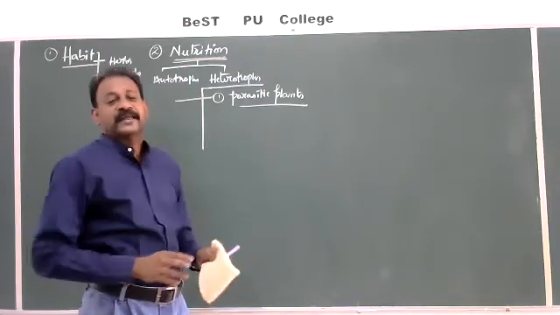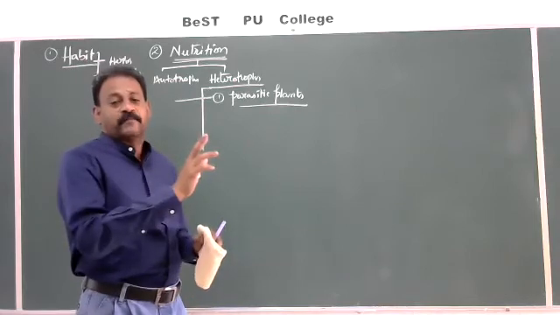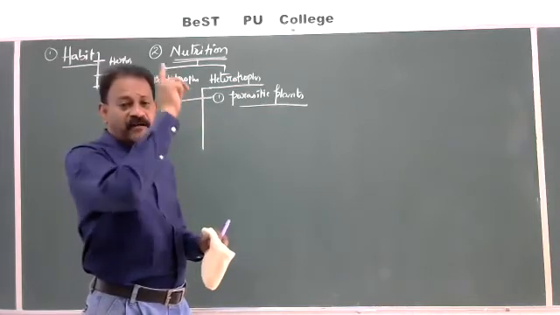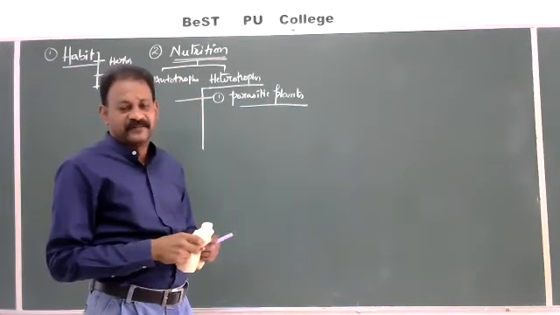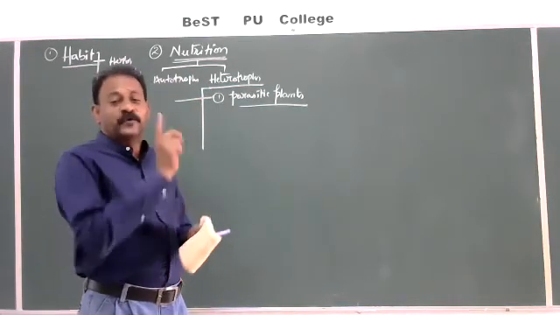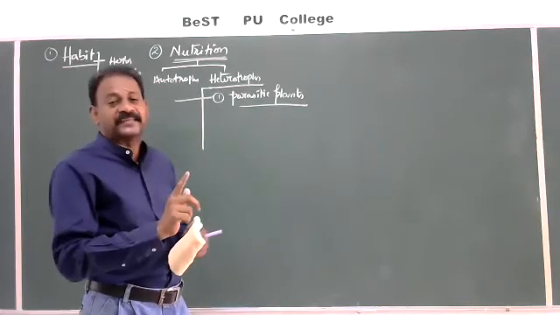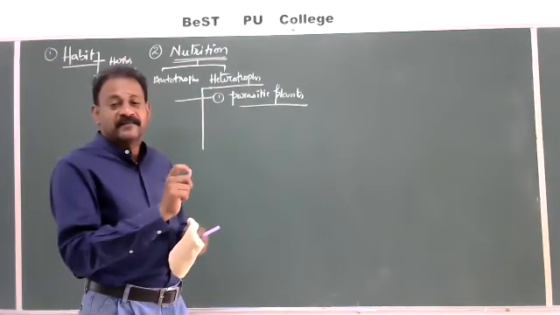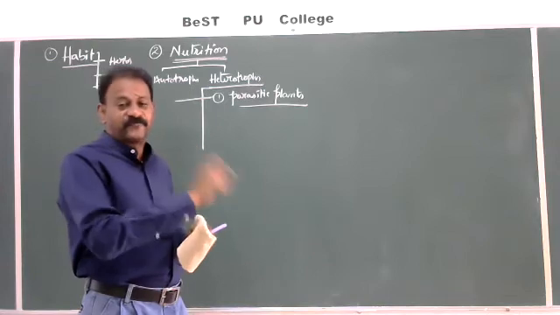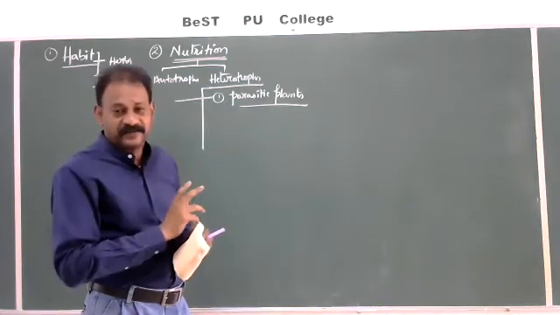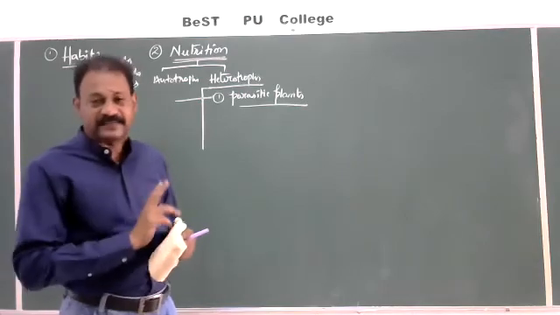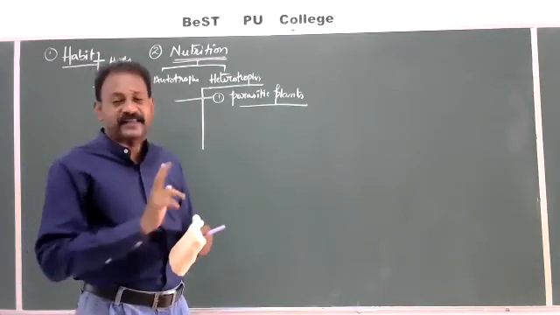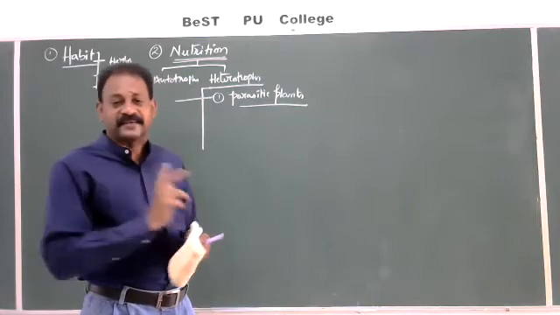So on the host plant, they will depend for both food and water. Whereas on the host plant, if any parasitic plant depends for any one, either for the food or for the water, they are called facultative parasites or incomplete parasites or partial parasites or semi-parasites.